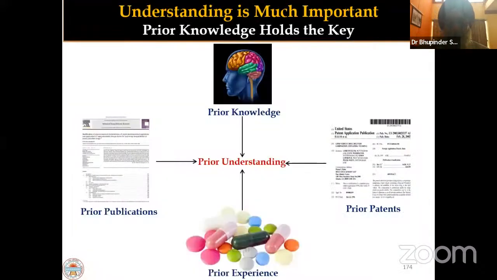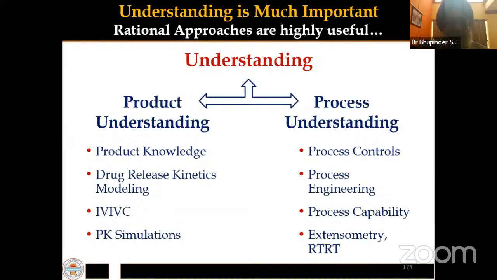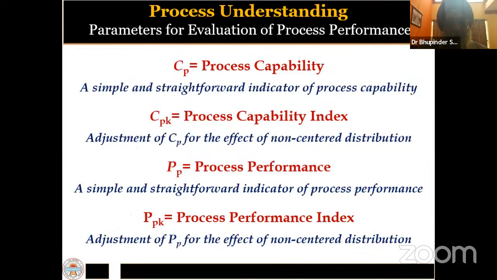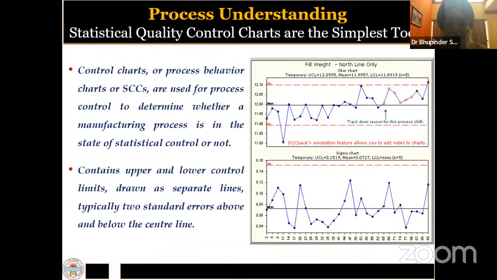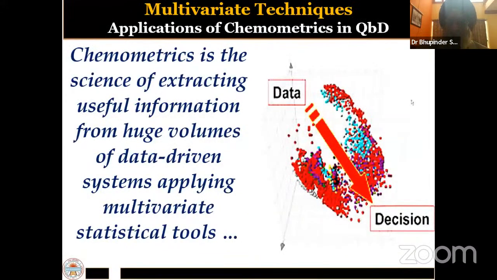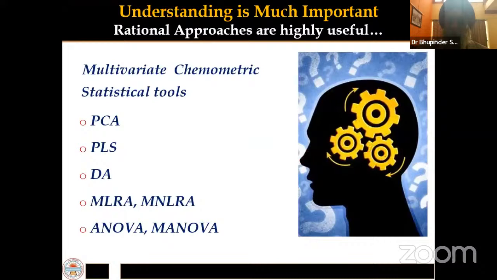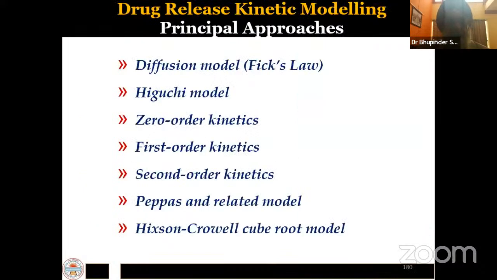So prior understanding is through prior knowledge, prior publication, prior experience, prior patents. So product understanding, product knowledge, drug release kinetics, etc. Process understanding, process control, process capability. Time does not permit me. So it could be statistical quality control. Chemometrics can help, like principal component analysis, partial least squares, and drug release kinetics.